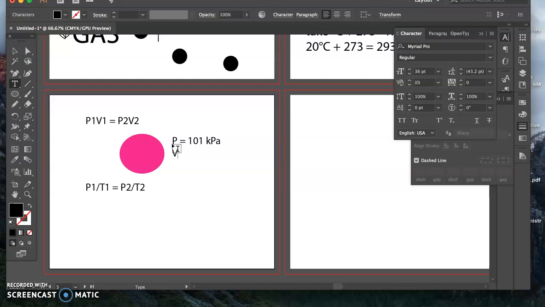And the volume equals, we'll make this simple, 1 liter. And then what I do is I'm going to increase the pressure on this balloon. I'm going to squeeze down on it, so now the volume is only half.